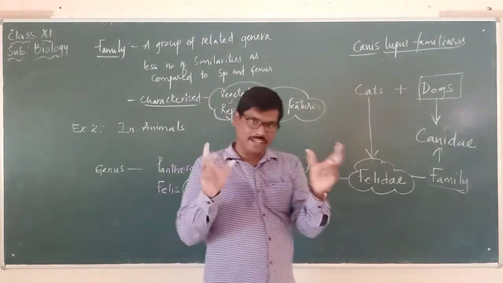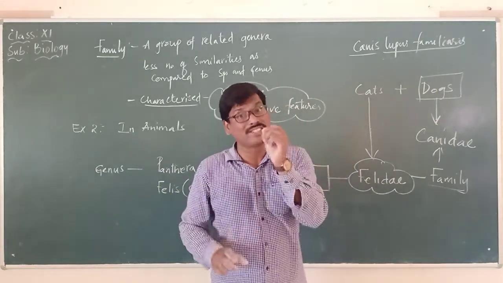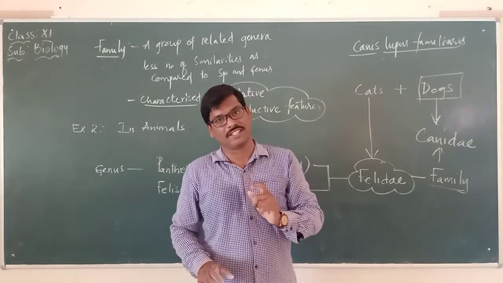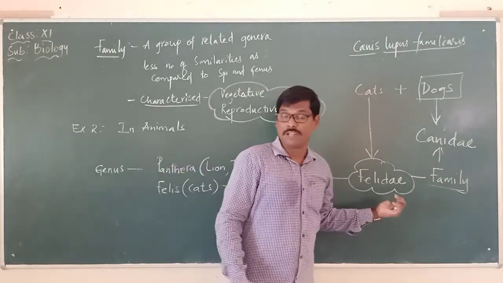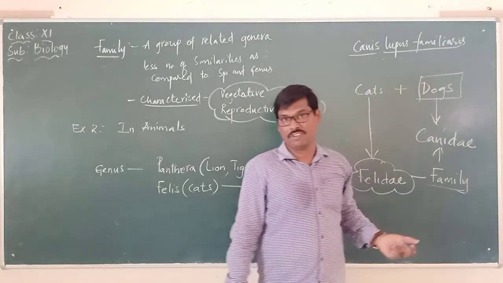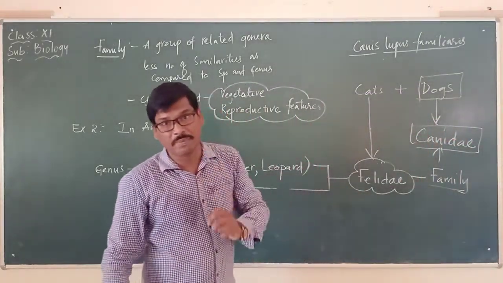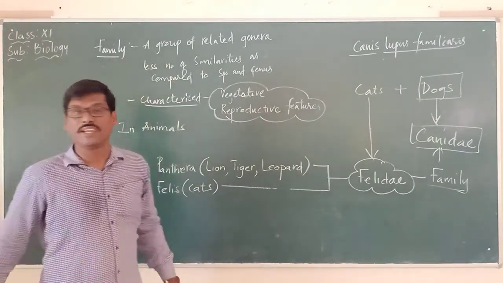They are different from each other, but still they are sharing some similarities. But still we are keeping them differently: cats in the family called Felidae, dogs in the family called Canidae. So these are the points that we have to keep in mind when we are discussing the family.